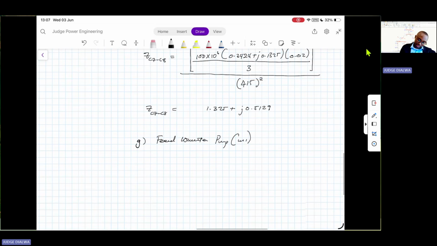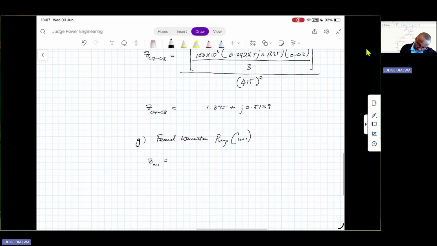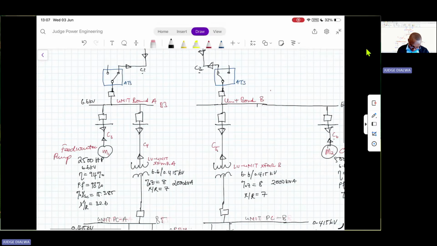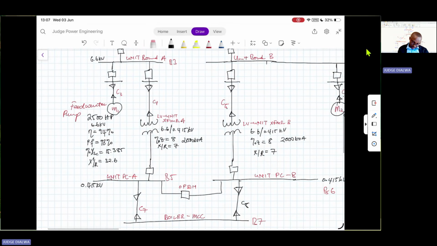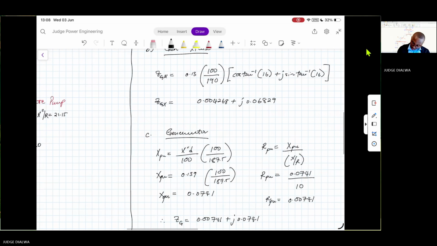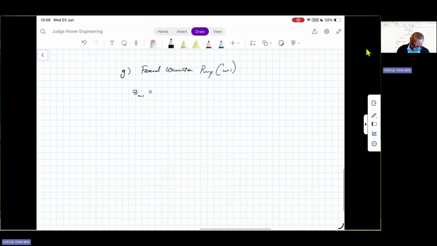The motor is rated at 2,500 horsepower. We need to convert that to kilowatts. And then we have our efficiency and our power factor, our short circuit reactance, and also our X over R ratio. So this is how we will do this one.